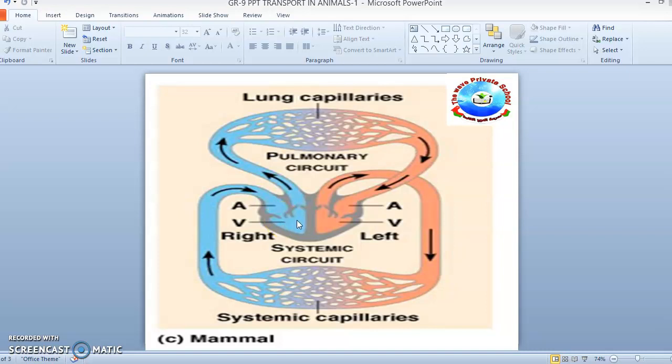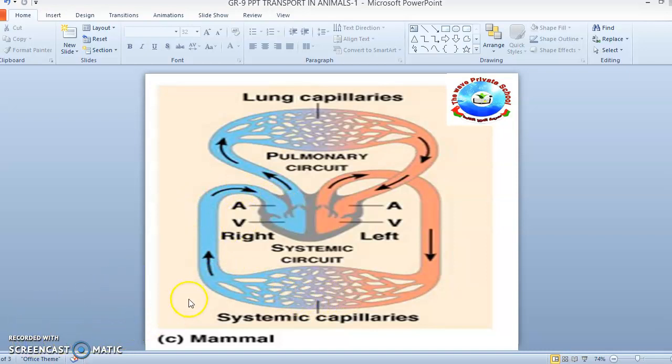That means deoxygenated blood is returned to the right side of the heart. From there it is carried to the lungs, and here in the respiration process it changes into oxygenated blood and is again carried to the left side of the heart. So this is the process called the double circulatory system.